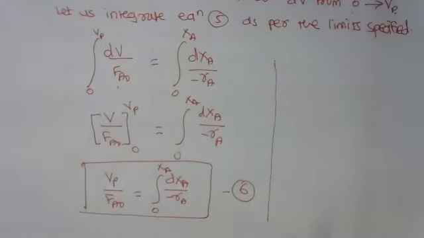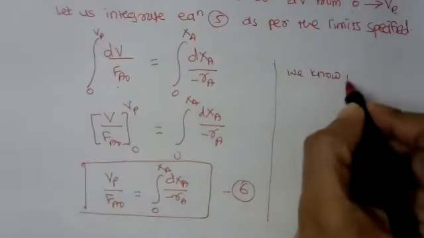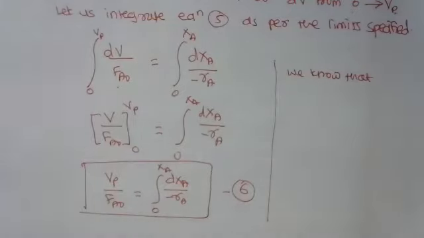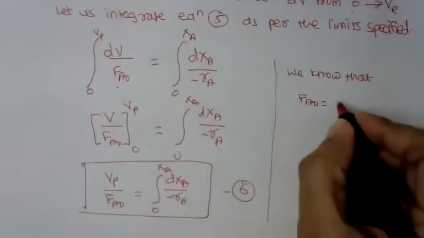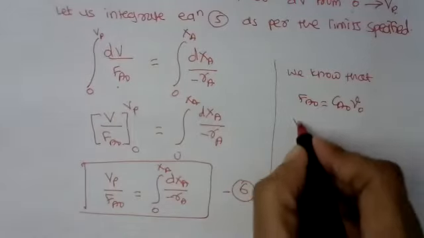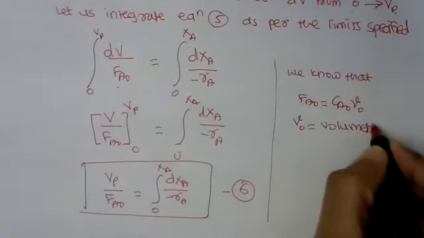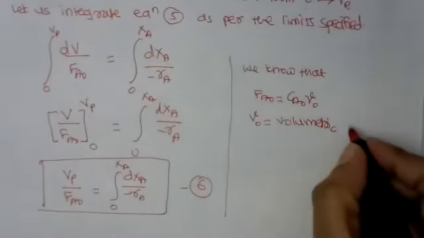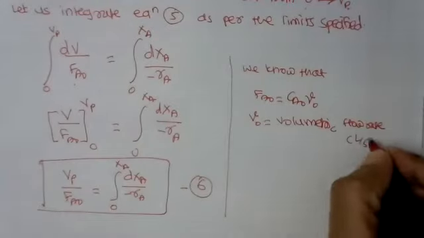So we know that Fa0 is equal to Ca0 into V0, where V0 is the volumetric flow rate in liter per second.